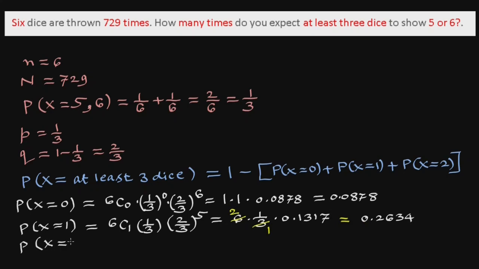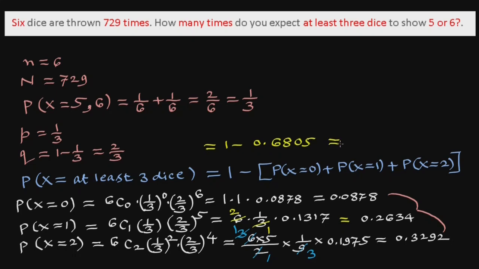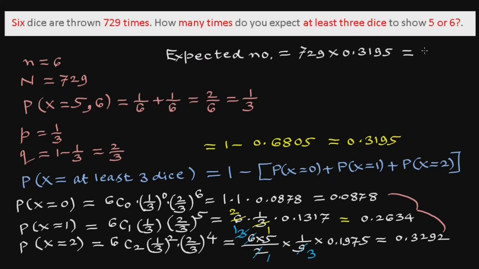Probability when x is 2, 6c2, (1 upon 3) squared, (2 upon 3) raised to 4, which is into 0.1975, which is 0.3292. Addition of these three quantities, so this will be 1 minus 0.6805, which is 0.3195. And the expected number of times this will happen will be 729 multiplied by 0.3195, approximately 233 times.